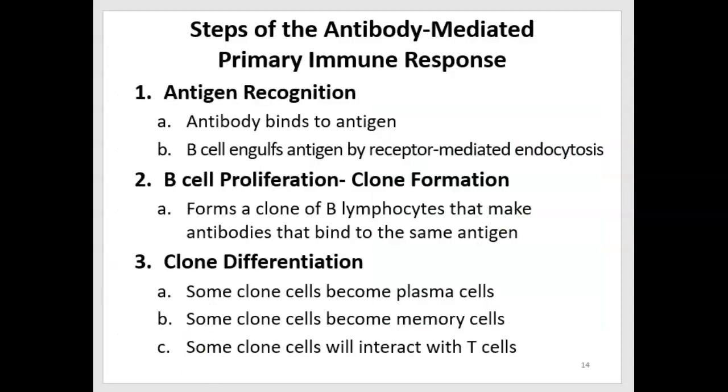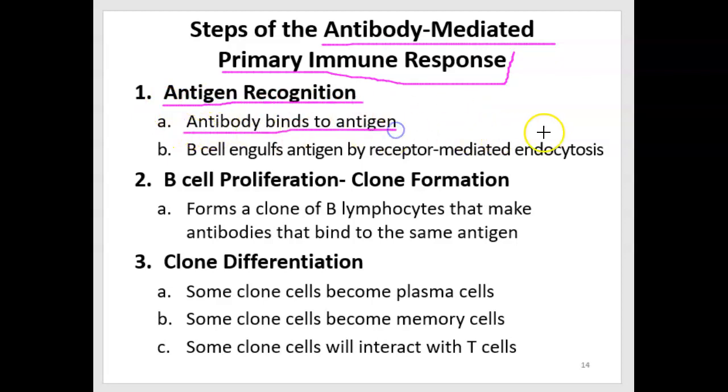Okay, let's look at what really happens when you are first infected with some kind of foreign antigen. We call this the primary immune response. And I'm only going to talk about the antibody-mediated branch to begin with here. So the first thing that has to happen is that the antigen has to be recognized as foreign, and an antibody will bind to that antigen.